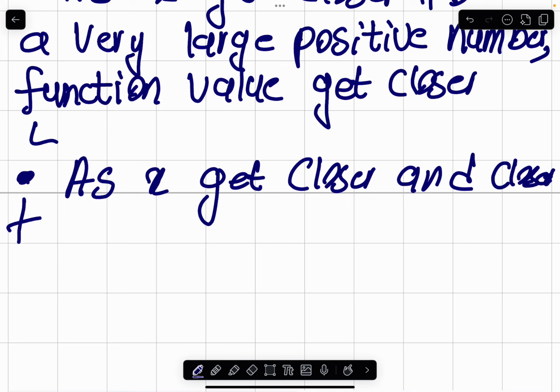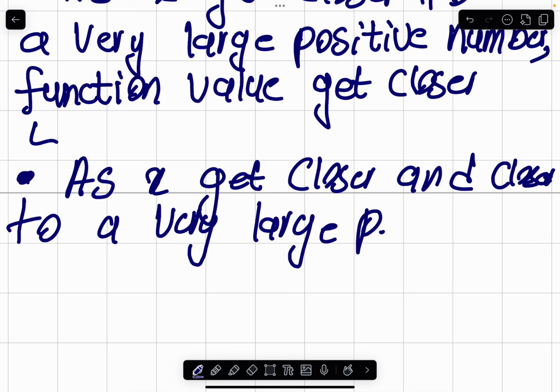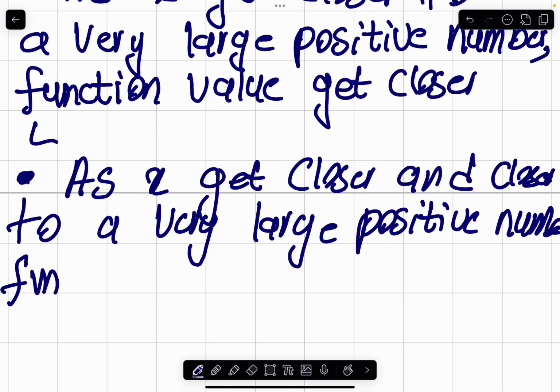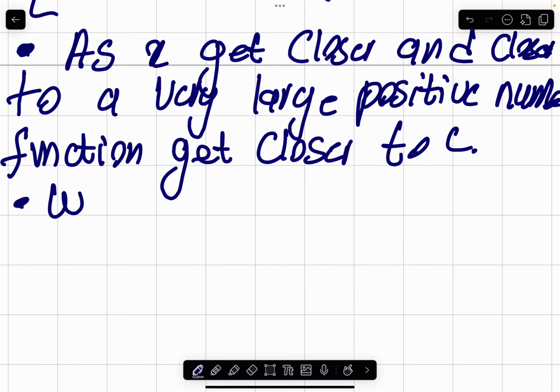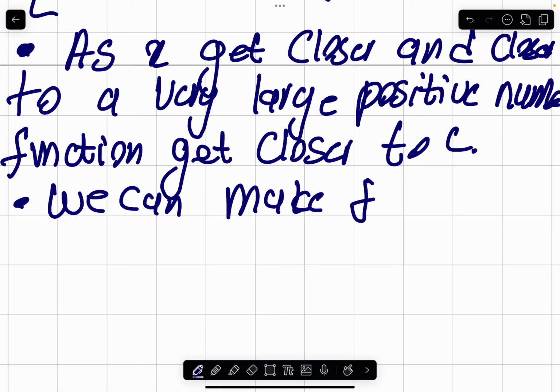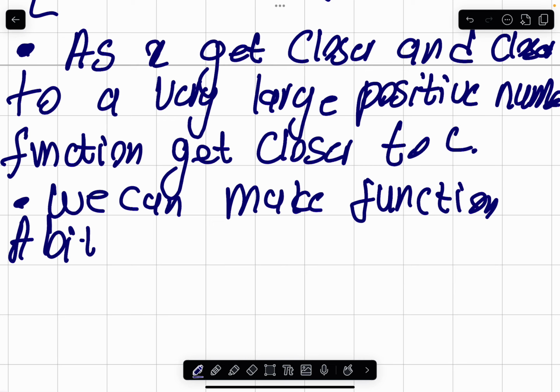Then the function gets closer to L. Meaning we can make the function arbitrarily closer.